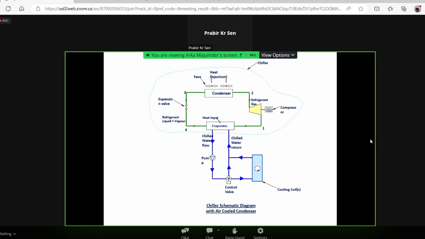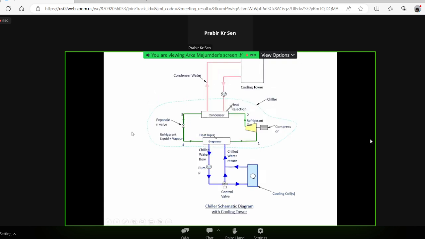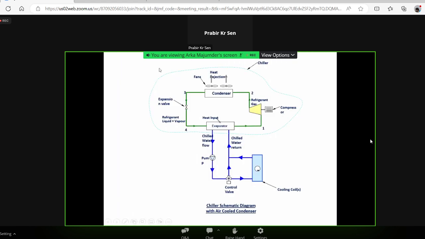So here the advantage is that if the premises that you need to cool has various rooms spread out over the premises, then taking refrigerant to a longer distance to various rooms for cooling is not very effective, because the refrigerant may get heated up, and the compressor may need to be a very high pressure compressor.